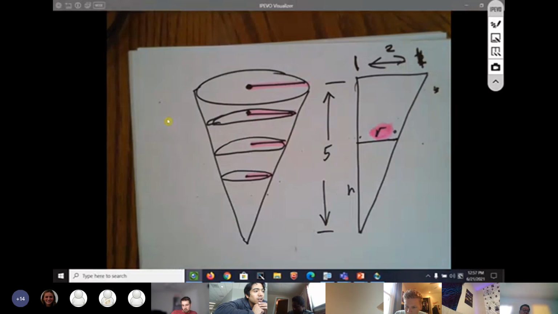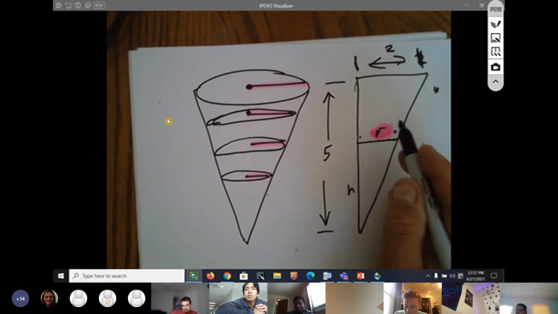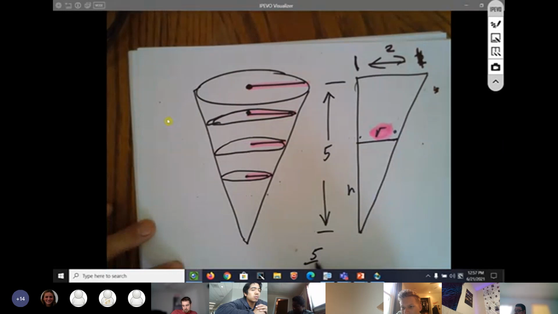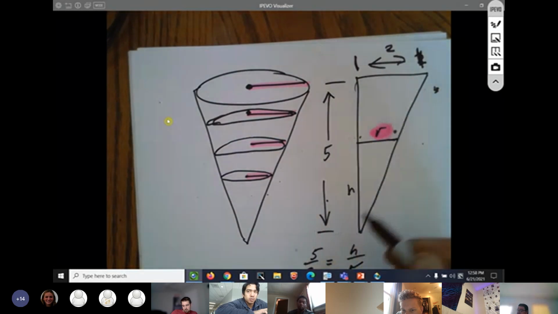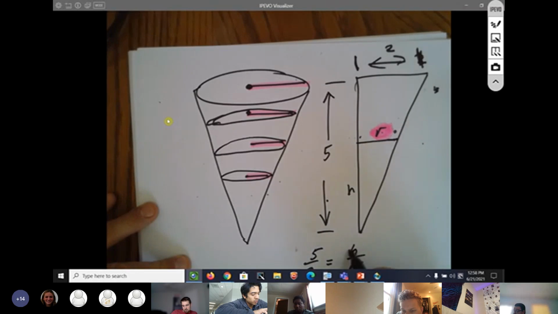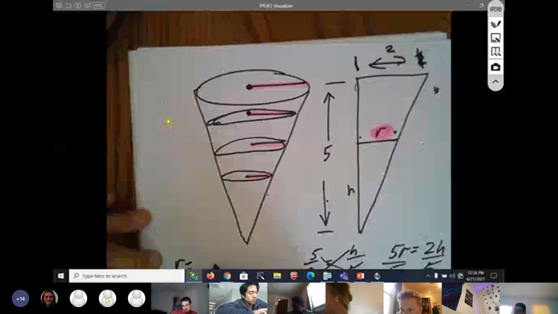So when you see a conical tank next semester, you say, oh, well, 5 is to 2 as H is to R. Okay, 5 is to 2 as H is to R. And then you solve for R. So 5R is equal to 2H. Divide by 5, divide by 5. R is equal to 2/5 H.